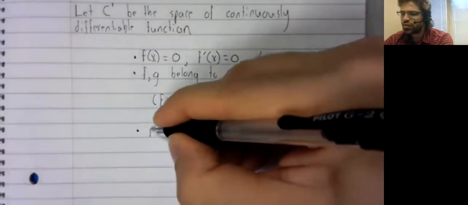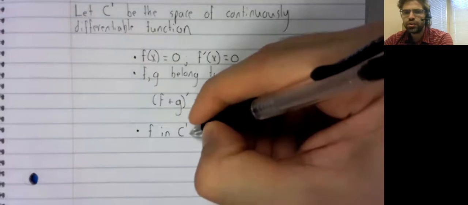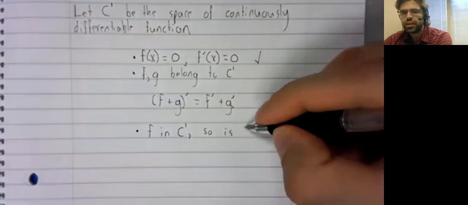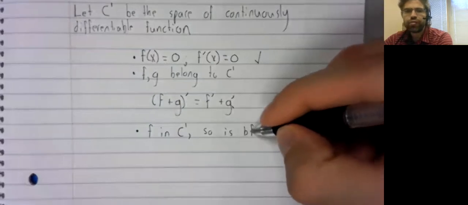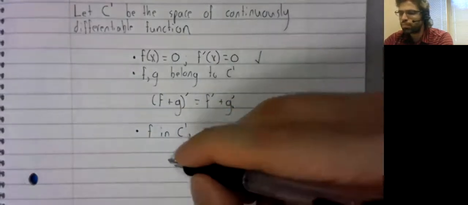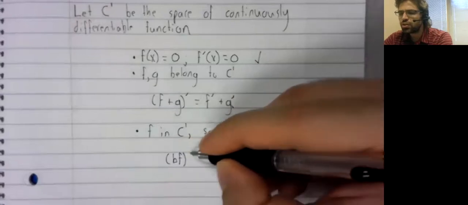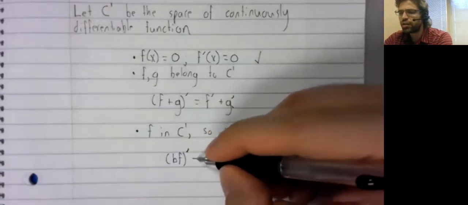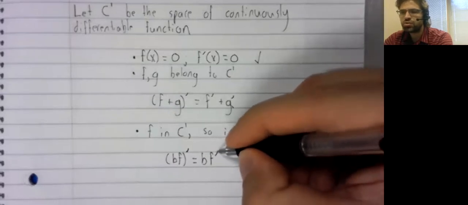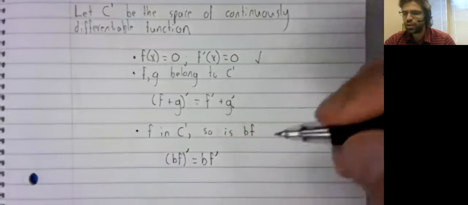Similarly, if f is in C1, so is bf for any real number b. A scalar multiple of a differentiable function is certainly differentiable.